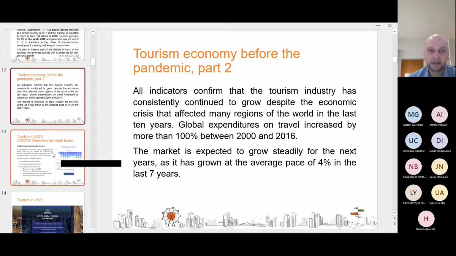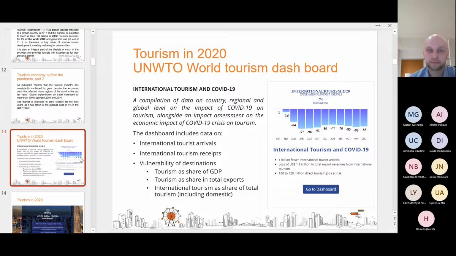COVID-19, and tourism was one of the most impacted industries in the world. So to illustrate this, let me share some dashboards from the United Nations World Tourism Organization.